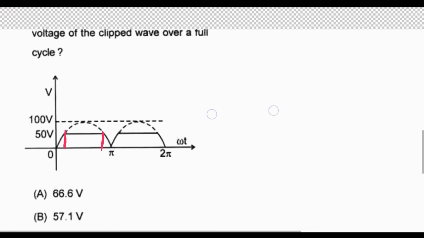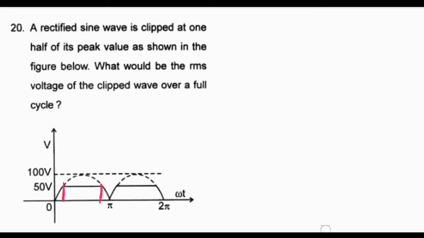So here 50 is equal to 100 sin theta, where theta is omega t. I am writing it to be theta. So what will be the theta value? Sin theta will be half, and for what value sin theta will be half?